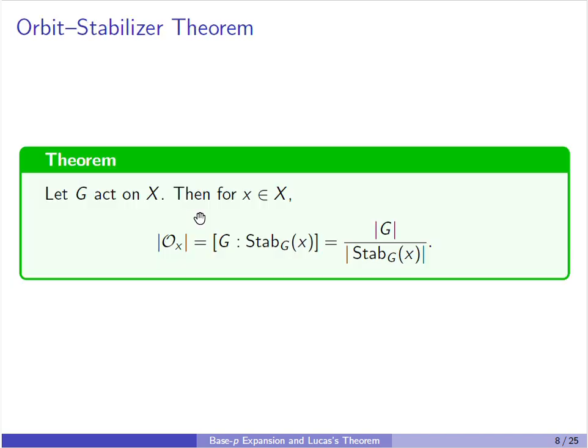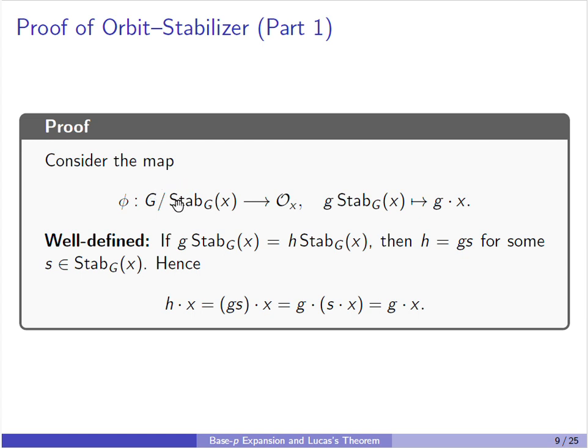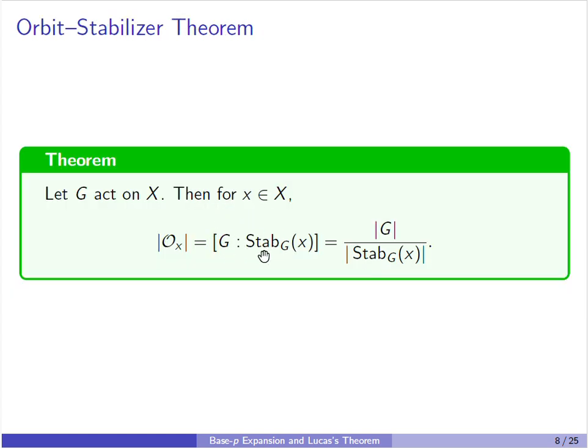To prove this, what you can do is define a map. So this is just the number of cosets of the stabilizer of x in G. That's the subgroup here. You take the cosets of the stabilizer in G, and you count the set of cosets, how many elements are there.